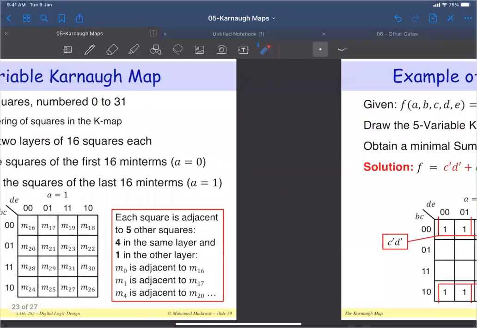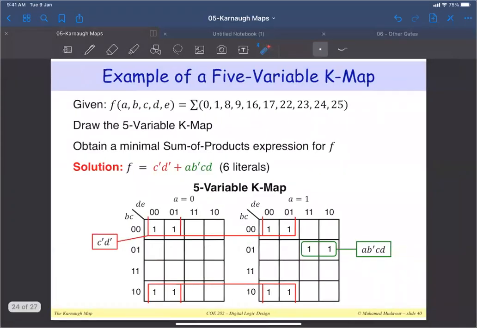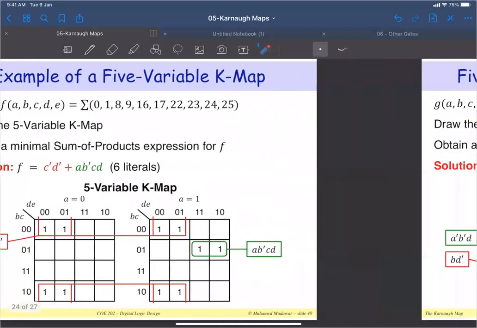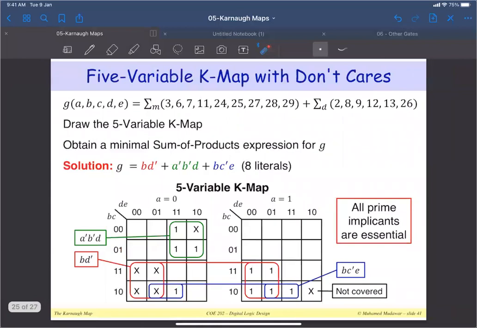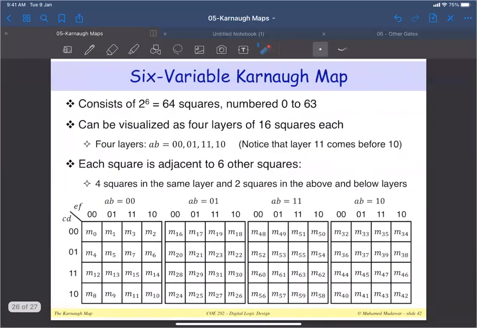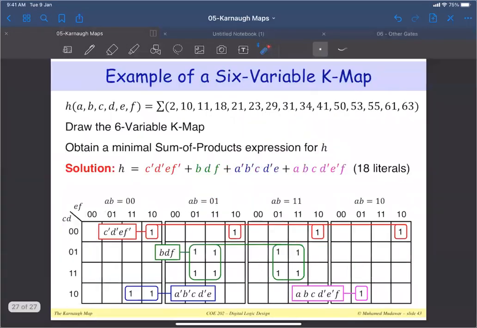So go over them to see how 5 variable and 6 variable K-maps are simplified. And if you have any question, you can come back to me and we can have an office hour to illustrate that. But you will never have a question in the exam about this. We have never made an exam about this. It's not difficult. It's just tedious.